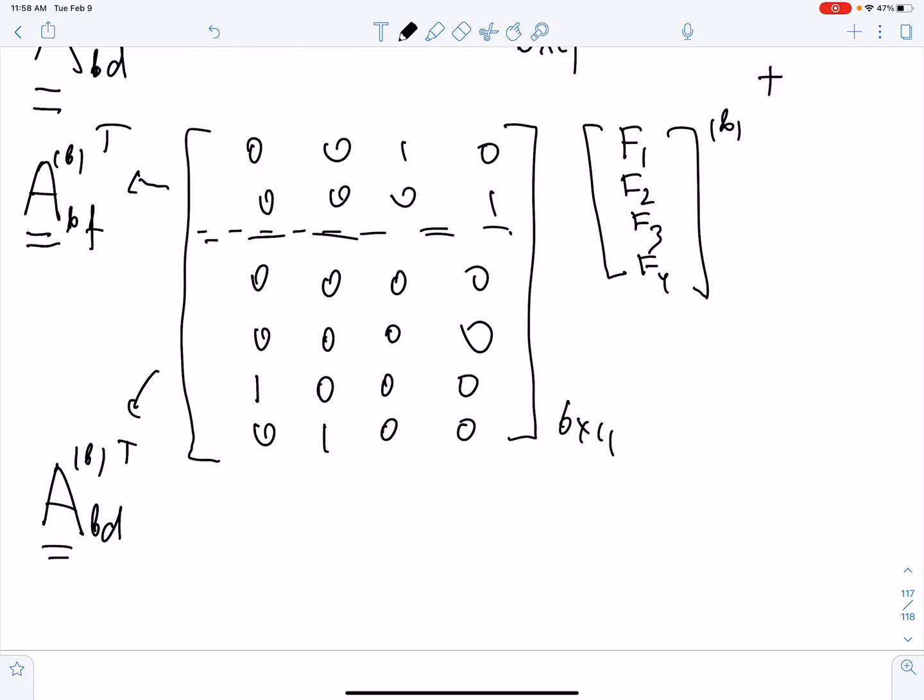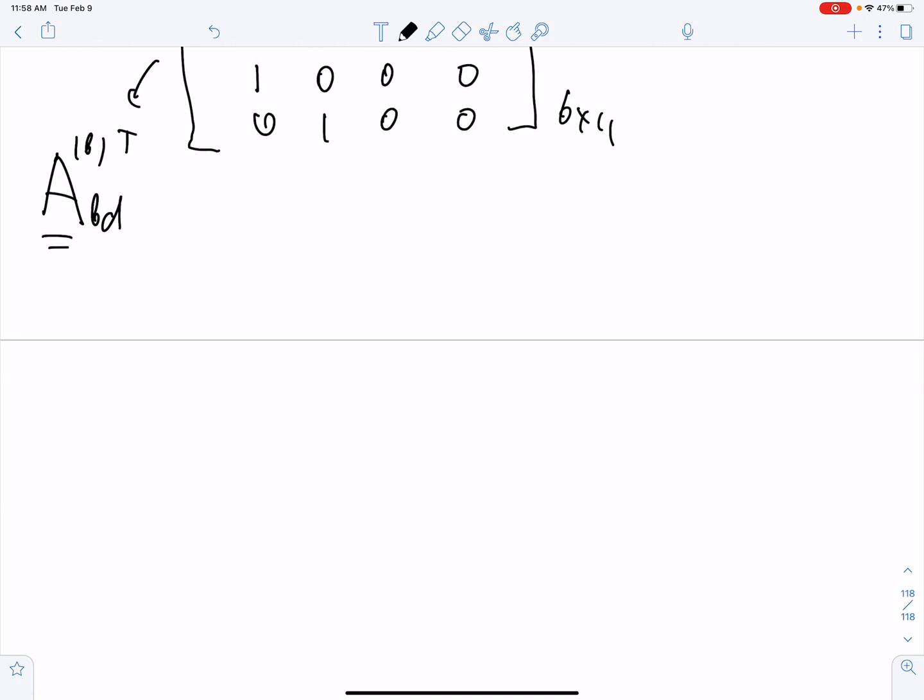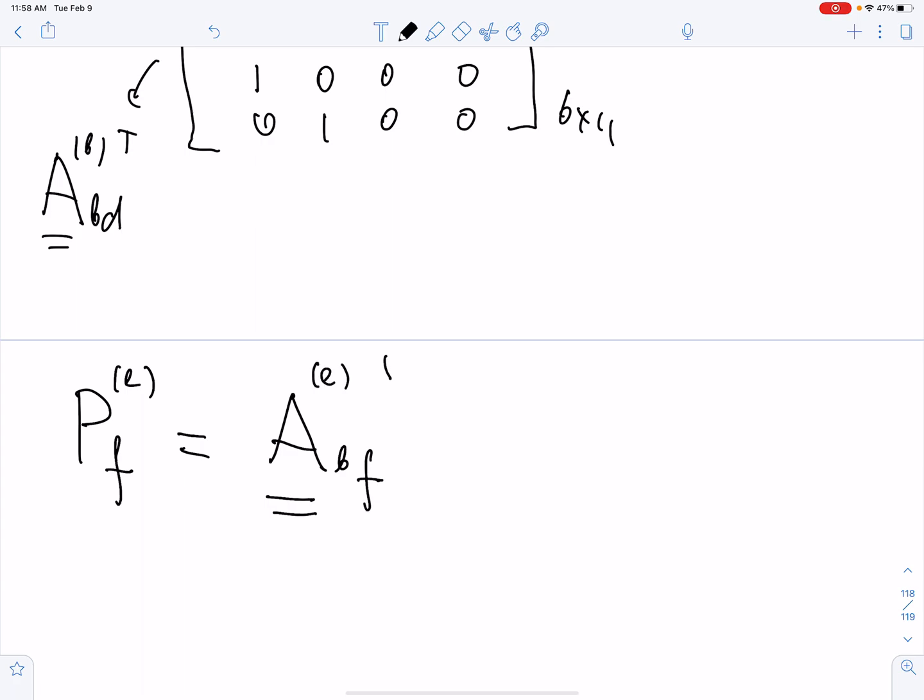Then we can see that if we're interested in the contributions to PF from a given element E, these contributions can be expressed by another matrix-vector multiply that looks like this: A_BF, coming from that generic element, transpose, times the vector of element forces.